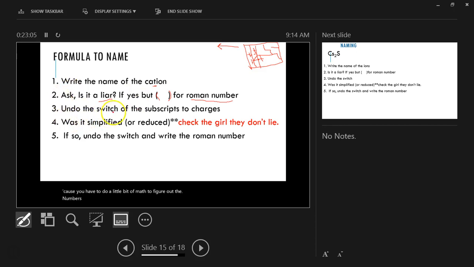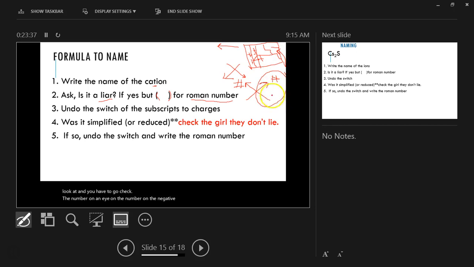So then you're going to switch, undo the switch of the subscripts that you did. Remember, we switched down to subscripts. So to undo it, we have to switch back up to our superscripted charges. Okay, so when we switch back up, we're going to have 2 numbers to look at. And you have to go check the number on the anion, the number on the negative ion.